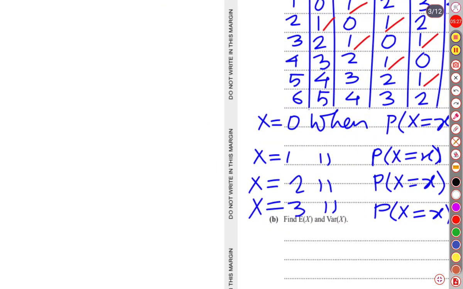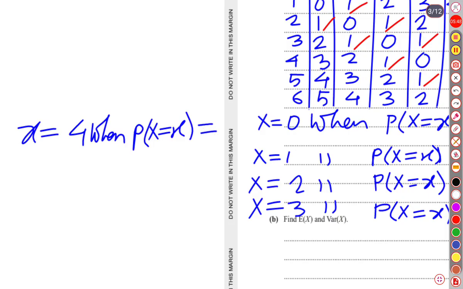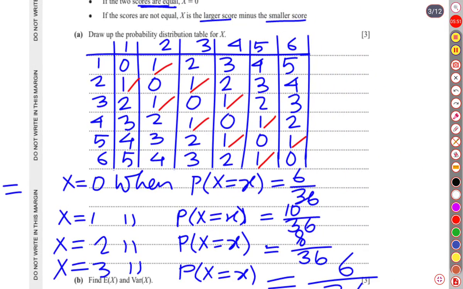As I do not have space over here, I will write on the left side. When x is equal to 4, let's see how many 4s are there. 1, 2, 3, 4. Total 4 fours.